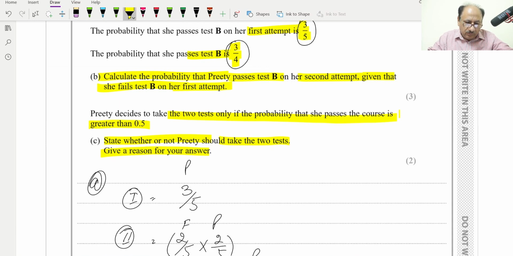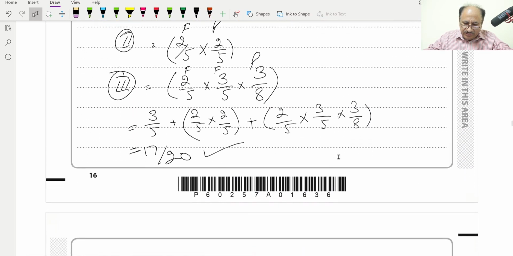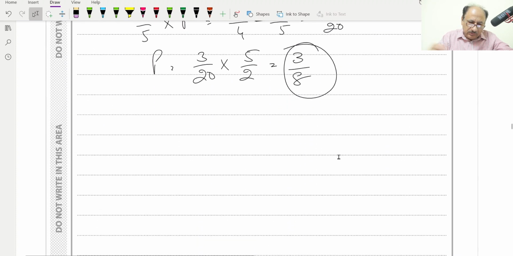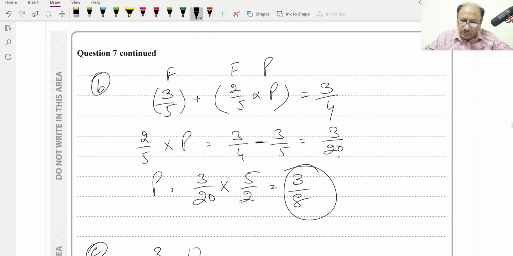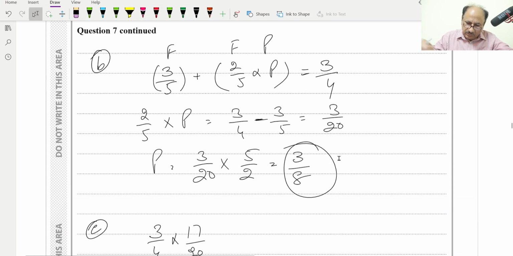We know that the probability that she passes the test B is 3 by 4, which is already given over here, right? So we will be multiplying this probability for the C part. For the C part, we can multiply 3 by 4 by the answer which we got, 17 by 20, for this one.